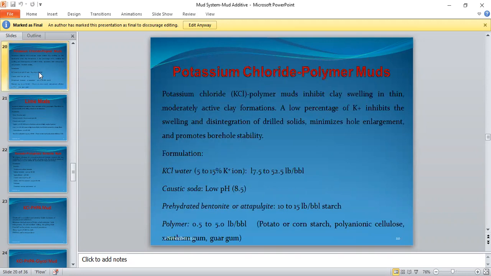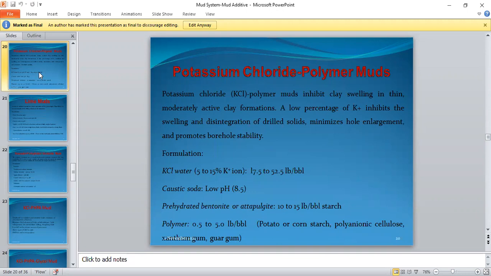Potassium chloride polymer mud. When they talk about potassium chloride polymer mud, these are inhibited mud systems. They are water-based mud systems. All they are telling you is that it has potassium chloride that is used to inhibit the clay from swelling.